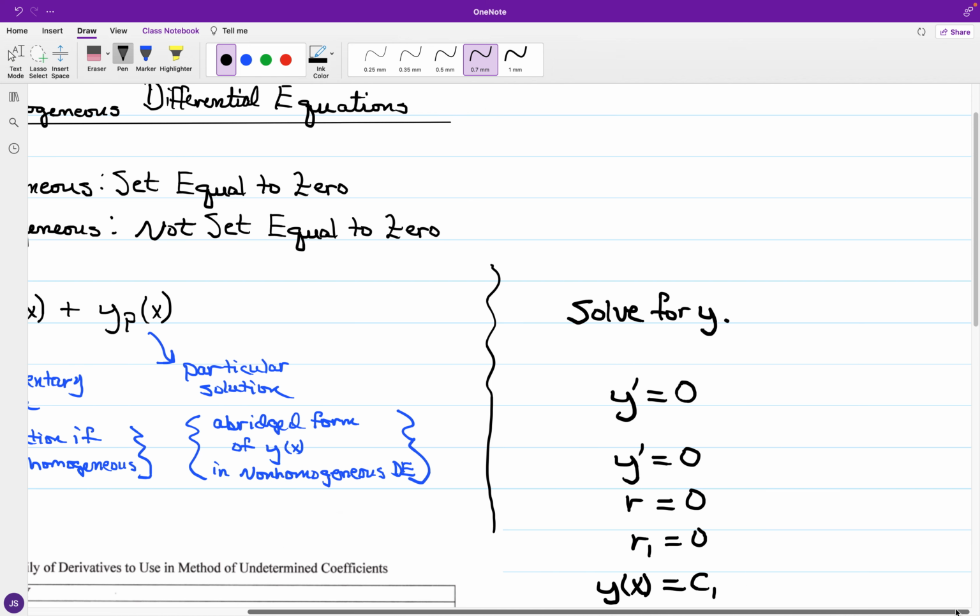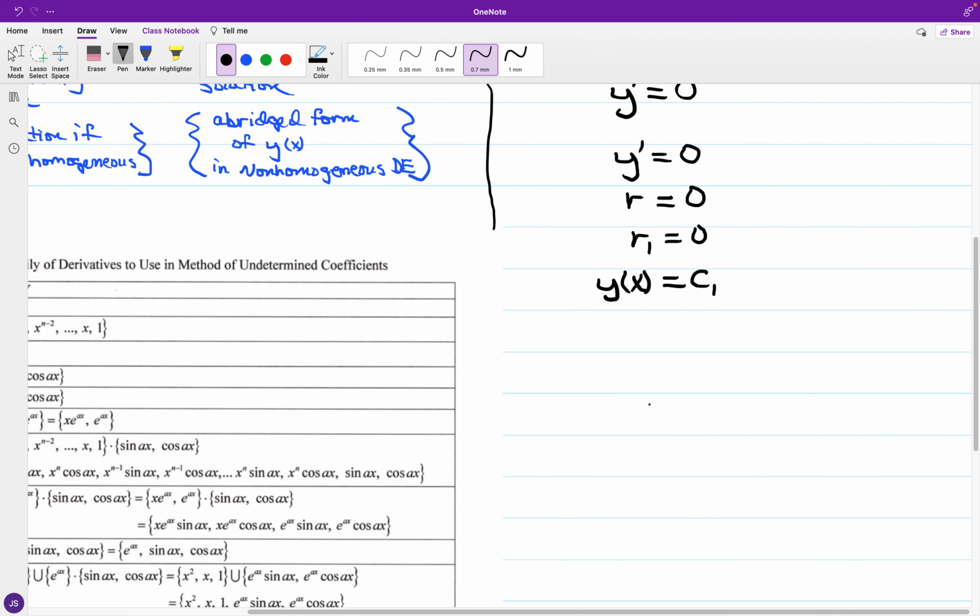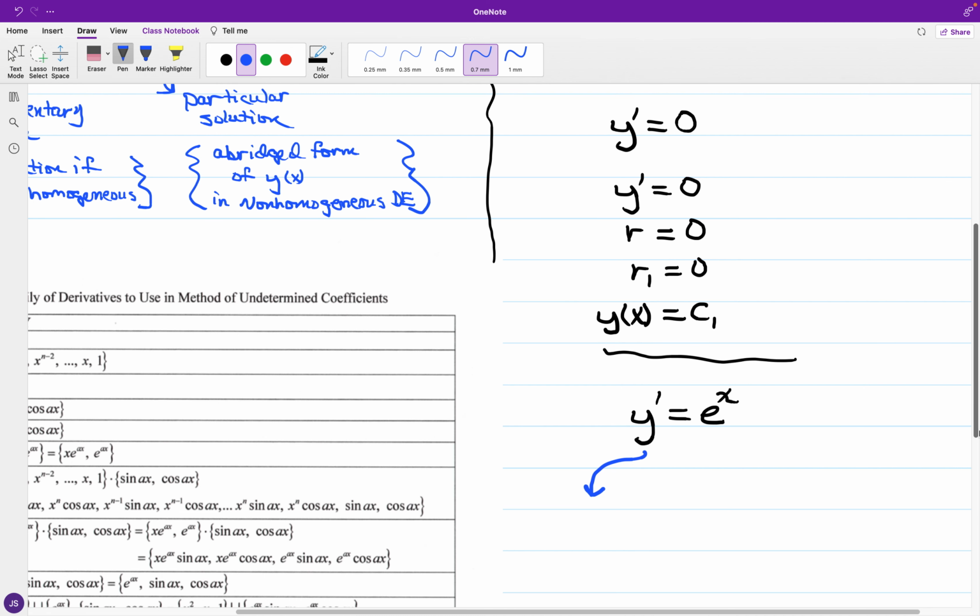Now let's say that for a non-homogeneous equation, I'll start out with perhaps the most basic one, and we'll say that we have y prime is equal to e to the x. Now, for what is regarded as the complementary solution, I'm just going to repeat this part.